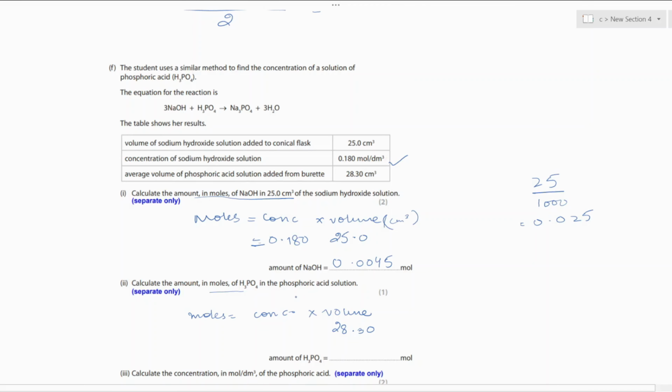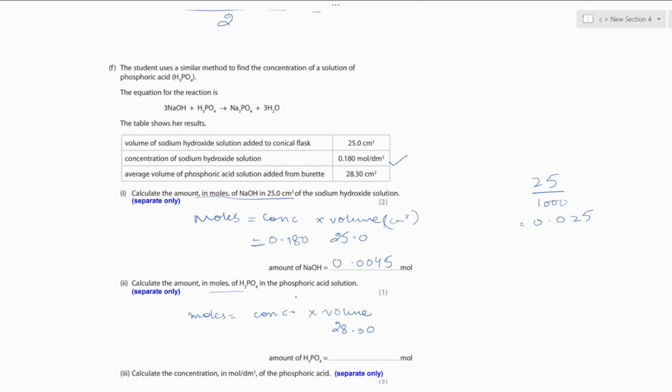Now, there is a twist because we do not have the enough value for phosphoric acid. Let's look at the equation. What does this show? It says exactly for every 1 mole of phosphoric acid you need 3 moles of sodium hydroxide.